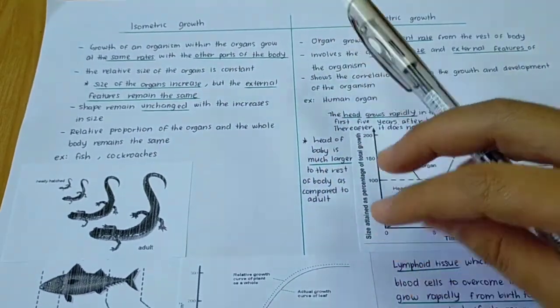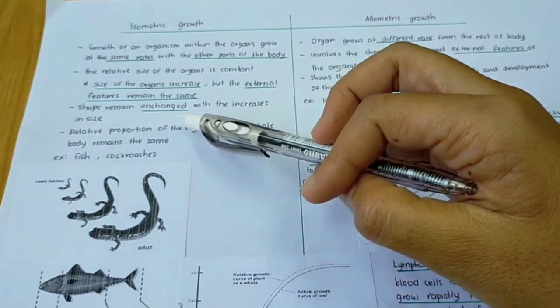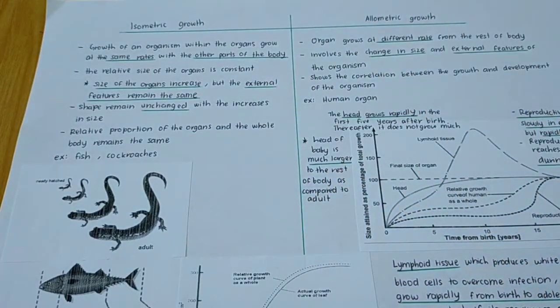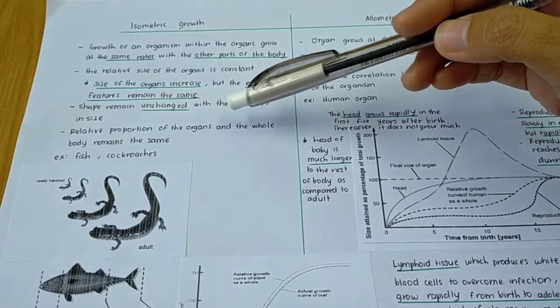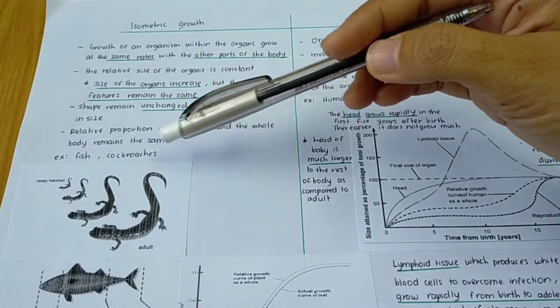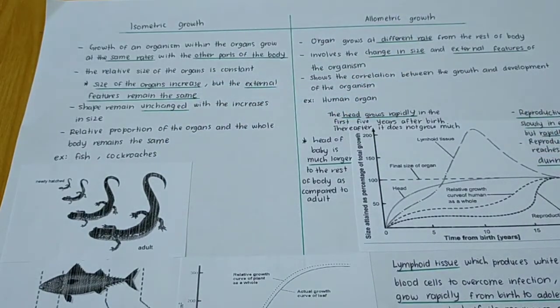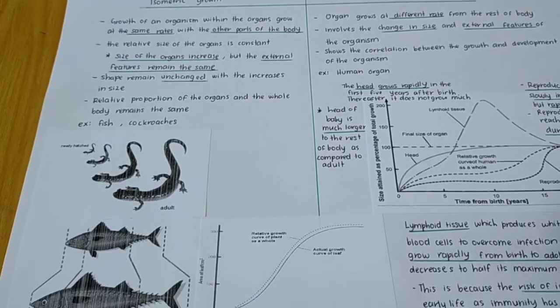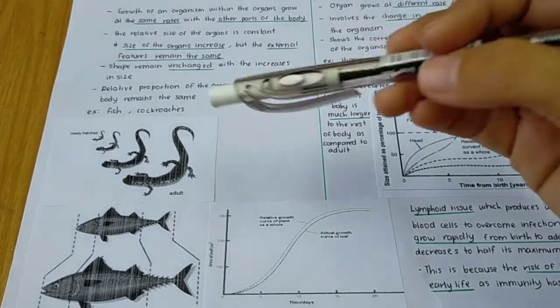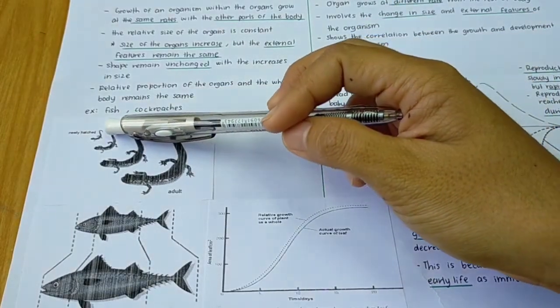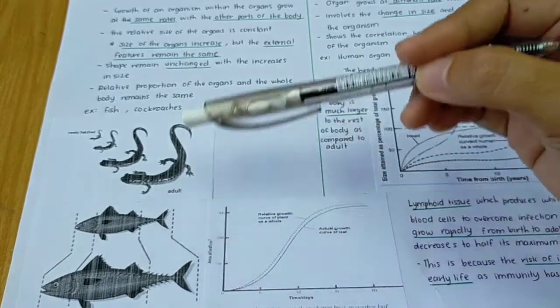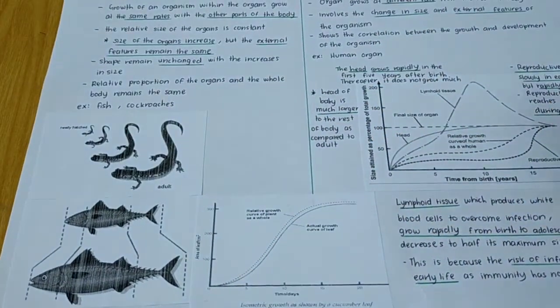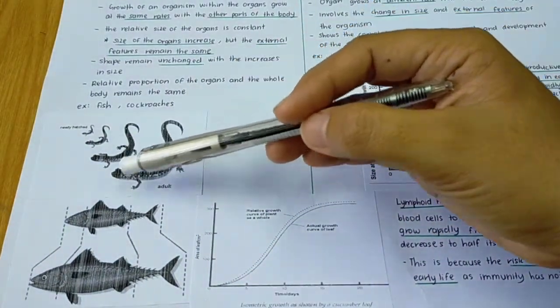Maksudnya kalau kita tengok di sini, shape remain unchanged with the increase in size. Okay, so the relative proportion of the organs and the whole body remains the same. So the example of the organism that shows isometric growth is fish and also cockroach. Okay, so kalau awak tengok based on this diagram, untuk organism that shows the isometric growth, dia akan berlaku increasing in size, but the external features remain the same.